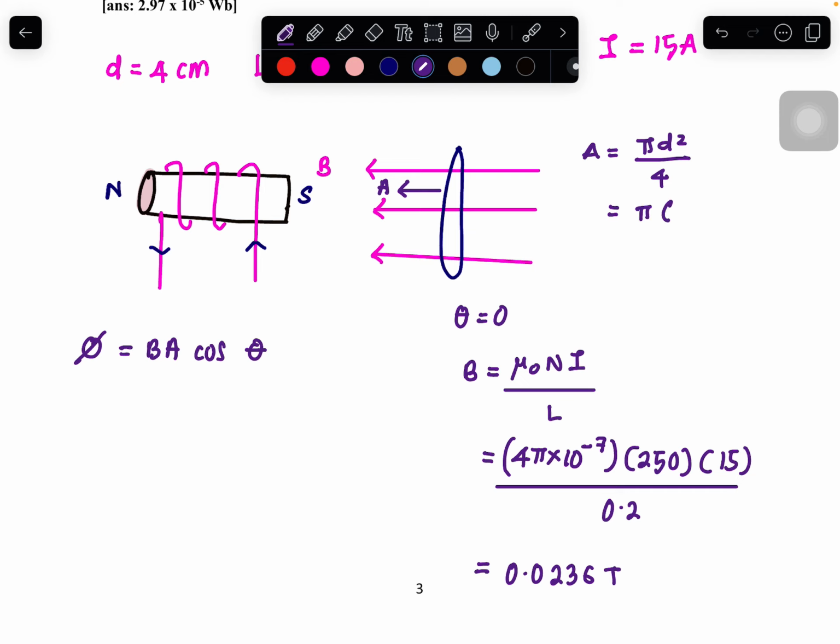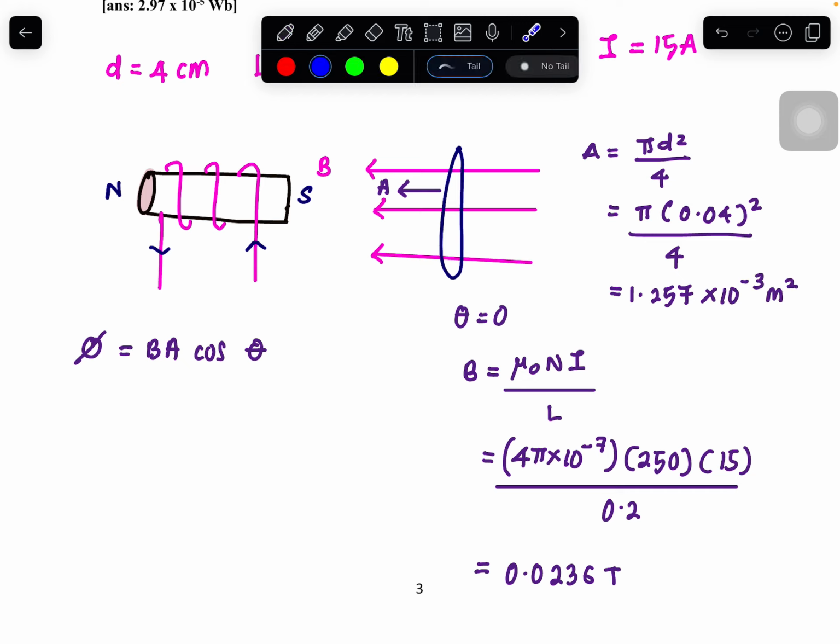So diameter 4 cm, divided by 4, so you will get 1.257 exponent negative 3 meter square. Always leave our answer in at least 3 decimal places, so that our final answer will be more accurate.